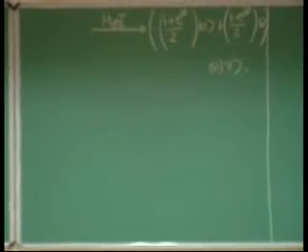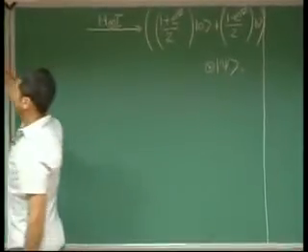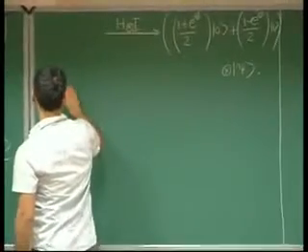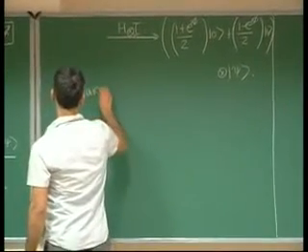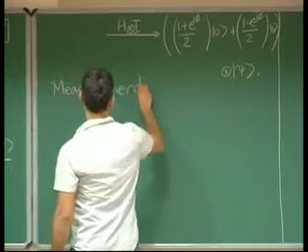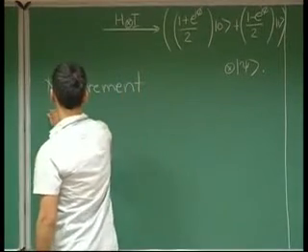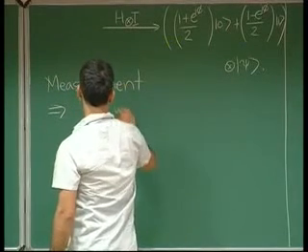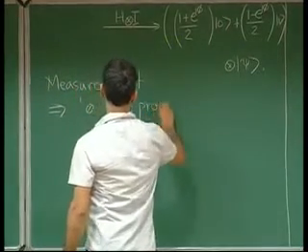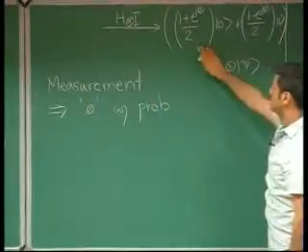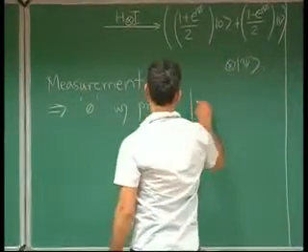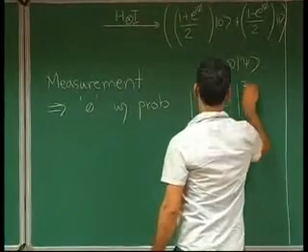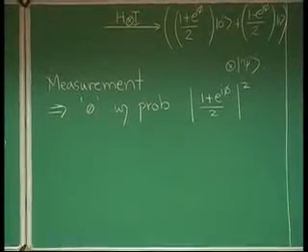So at this point we make a measurement of the top qubit, and what we get is either 0 or 1, one of the two possibilities. You get 0 with probability which is the amplitude squared, |(1 + e^{iφ})/2|².